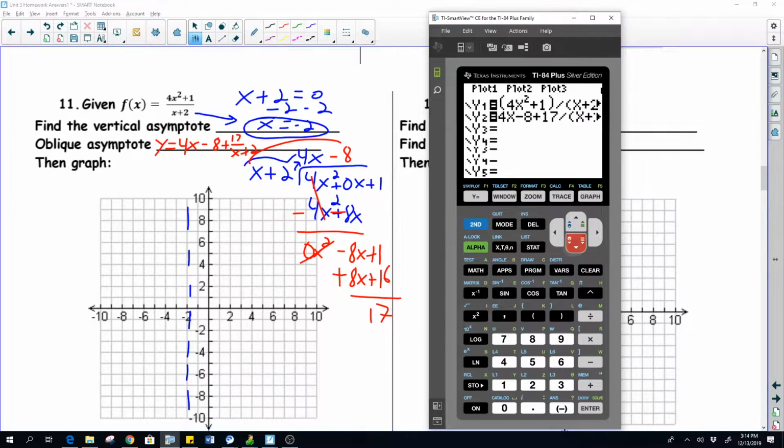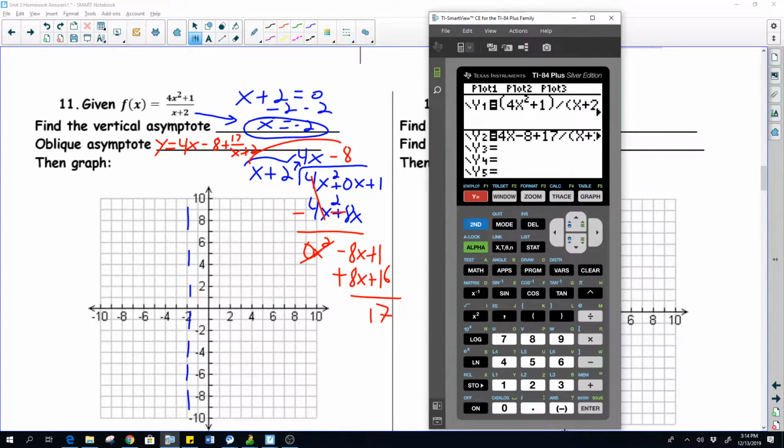What happened? 4x minus 8 plus 17 divided by x plus 2. So close enough. Not sure what we did wrong. I think you added it. Don't you just add that in the remainder? Probably, maybe. The calculator might be thinking it as something else. So I'm not sure what it's doing.